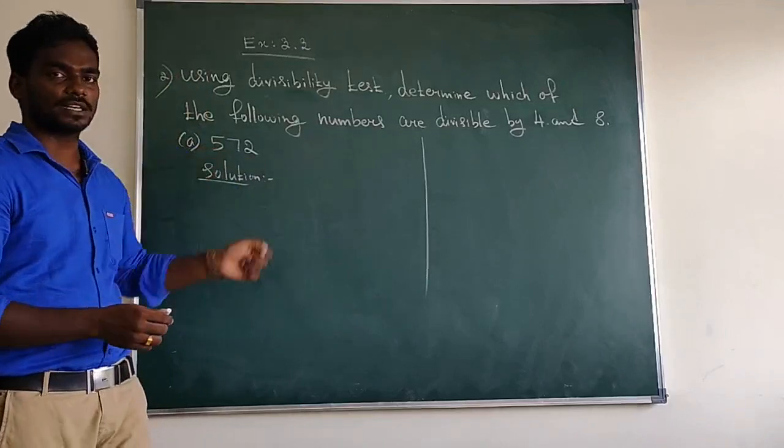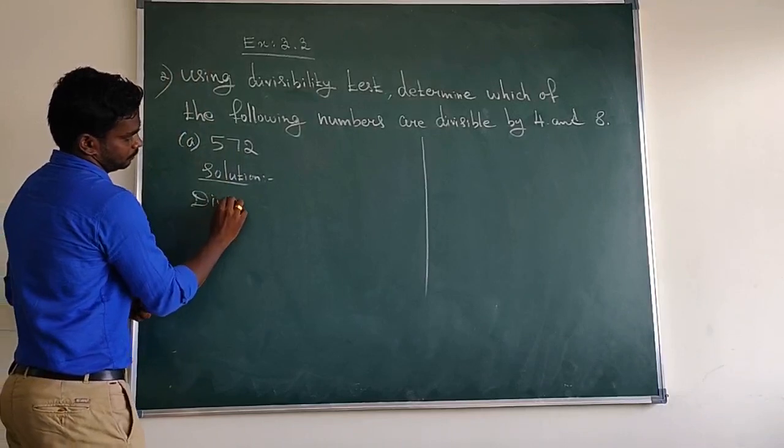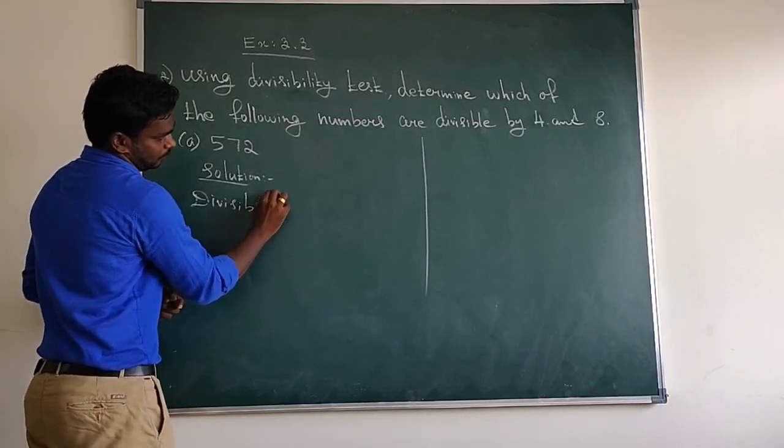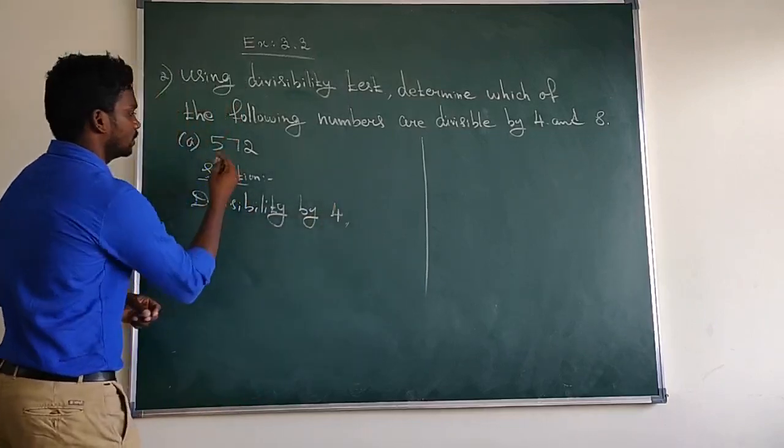The first number is 572. First, divisibility by 4.